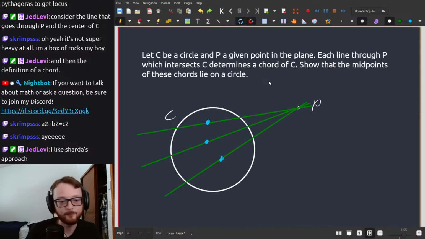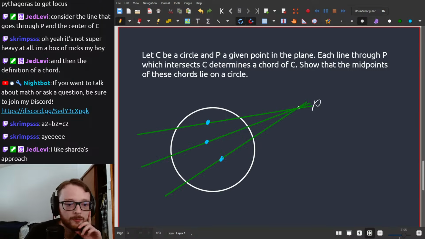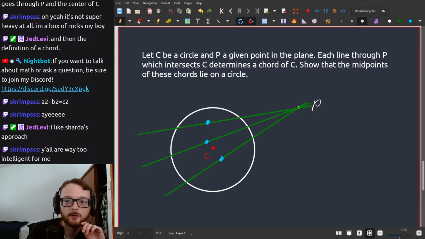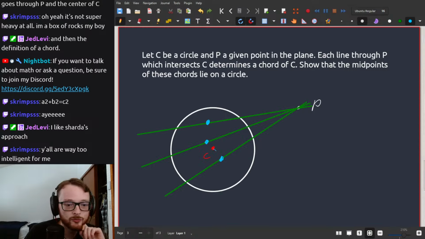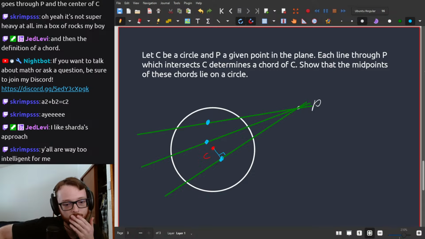Okay, so I need a new color. Let's get red. Let's guess the center of the circle is here. So drop a perpendicular from the center to the chord. So let's just choose that chord right there. Is that a theorem that bisects it? No, it can't.